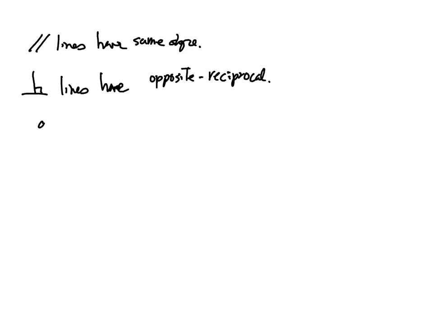So if you look at part A, it's saying we need a line that is parallel to y equal to 2/5 x minus 6. Right? So if we know parallel means they have to have the same slope, that means the slope in this case is positive 2/5.